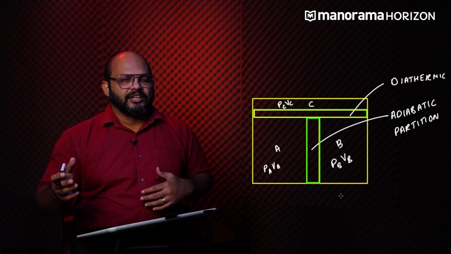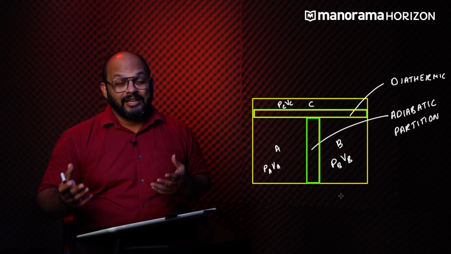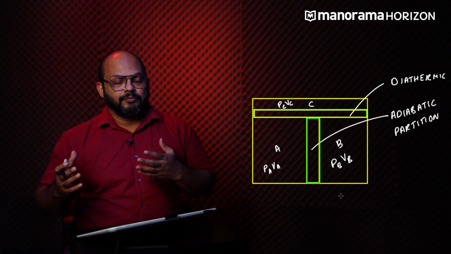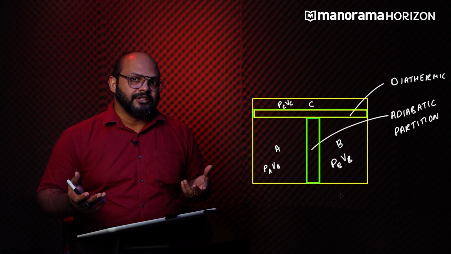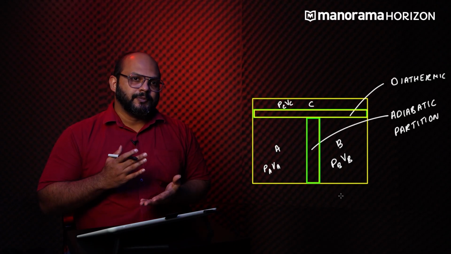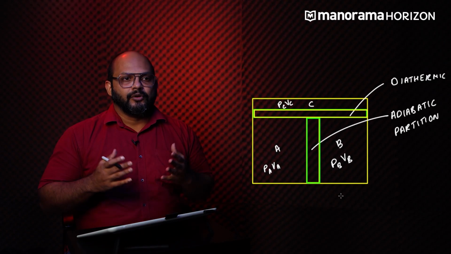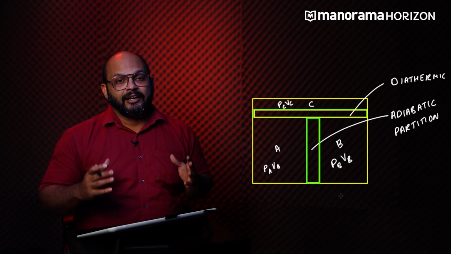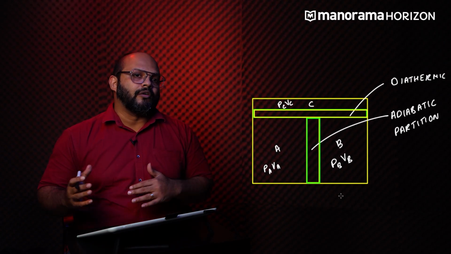Also, they are no longer exchanging any energy with gas C, even though gas A and gas B were not in direct contact with each other and could not directly exchange energy with each other. This experiment gives us the basis for the concept of thermal equilibrium in terms of the zeroth law of thermodynamics.